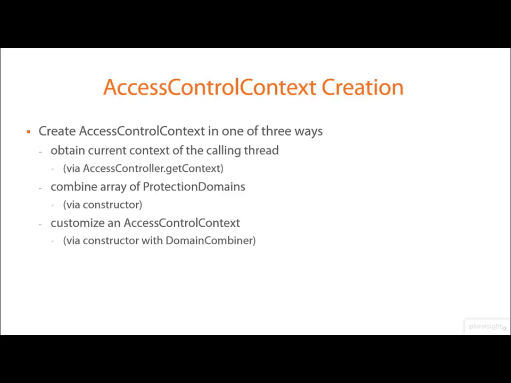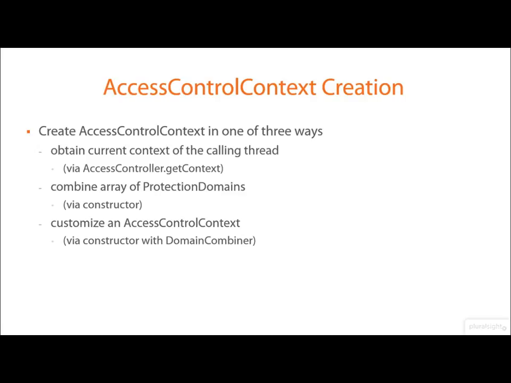When something tries to use the access control context, they call the domain combiner's combine method, and it's the job of the domain combiner's combine method to combine together the protection domains that are going to be used by this access control context. So you can see in the first case, we get given access to the access control context that's used by the JRE by default.